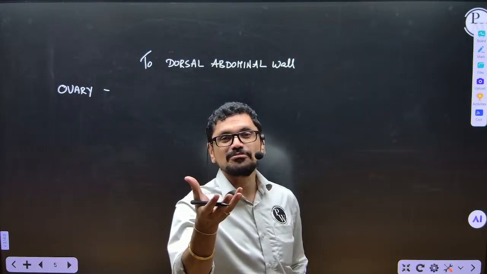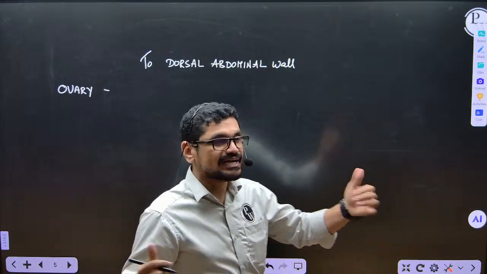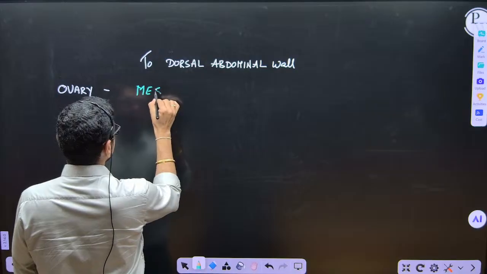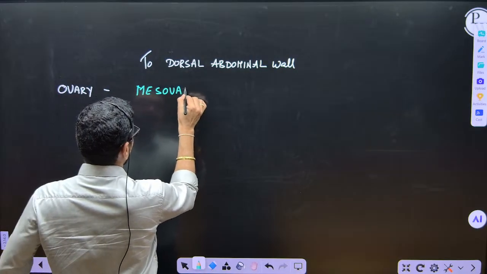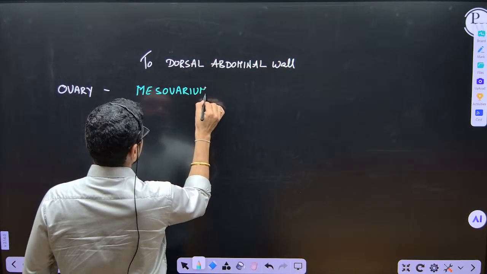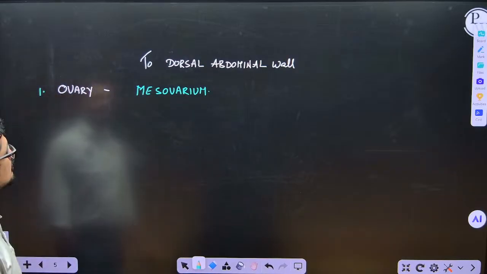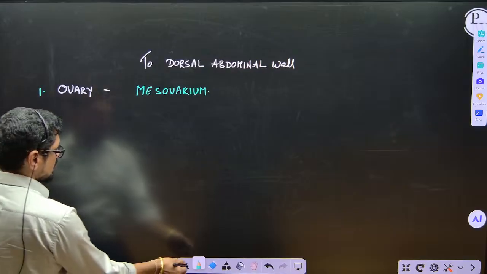It is not a gum, it is a peritoneal layer. What is that layer? Mesovarium. So the ovary is attached to the dorsal abdominal wall with the help of mesovarium.